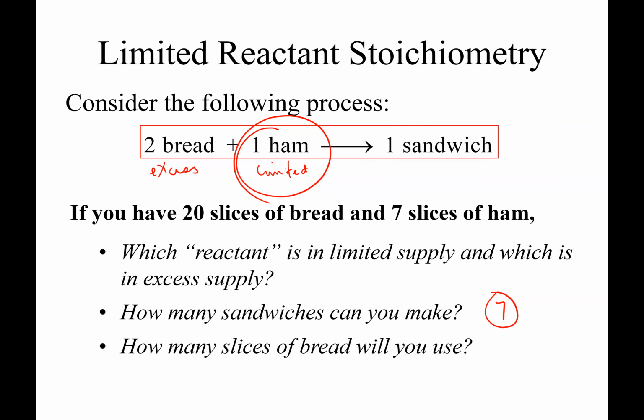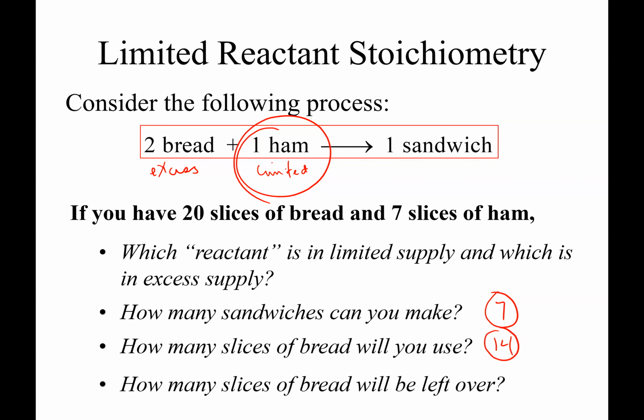So related to that, how many slices of bread will we use? 14, I agree. We're going to use 14 slices of bread, and then how many slices of bread will we have left over? Yep, 6. 20 minus 14 is equal to 6, exactly.